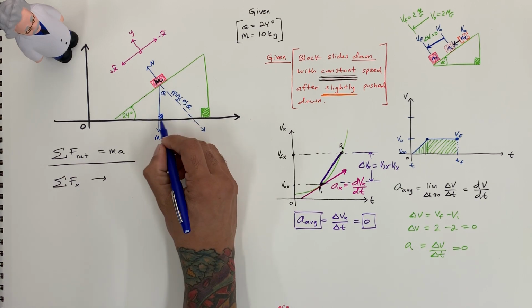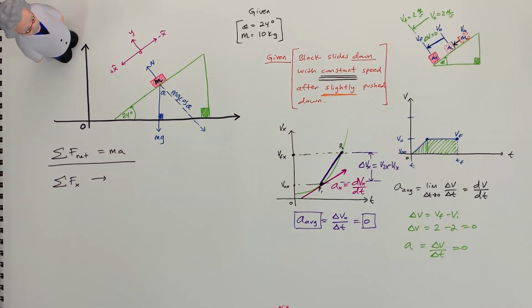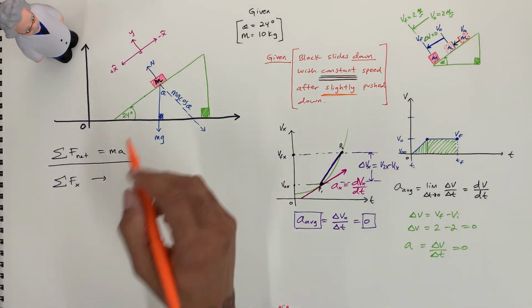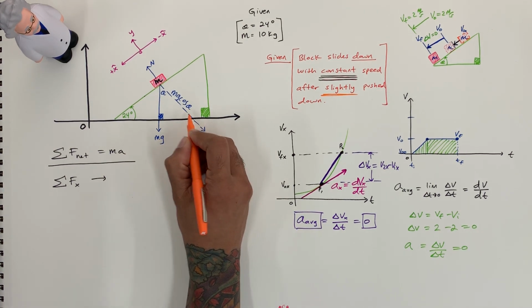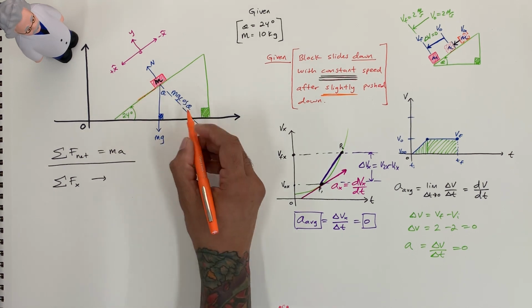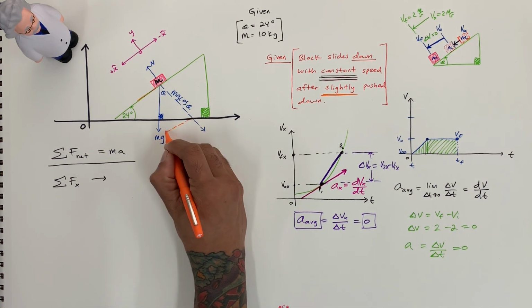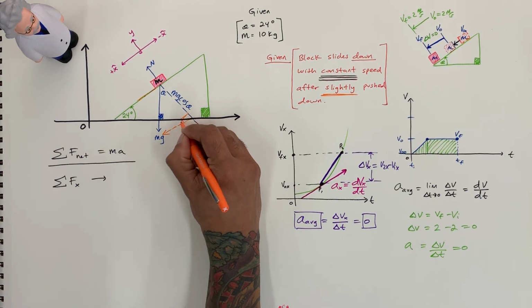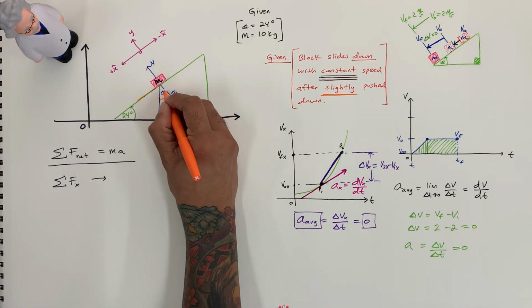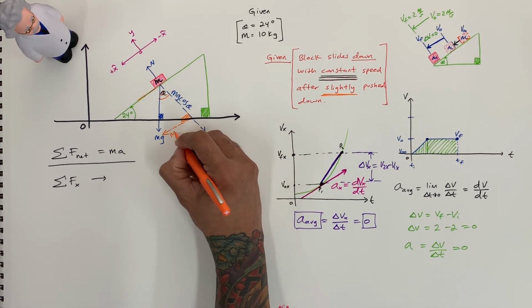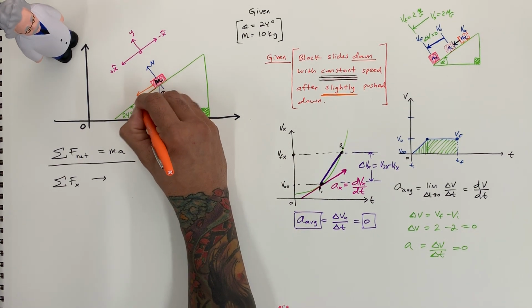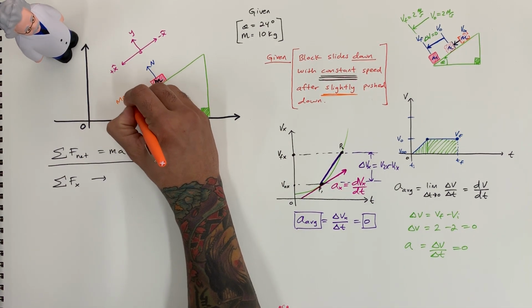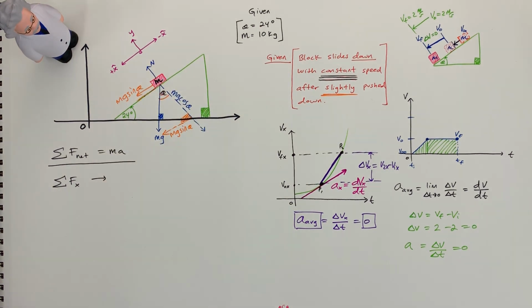I derived this in a previous video, so if you're not familiar with that, go check out the previous video. Then we have the last vector, which goes parallel to this line here. It goes like that, and that's another 90 degrees, and this is the angle. So this is mg sine theta. So going down is going to be mg sine theta.